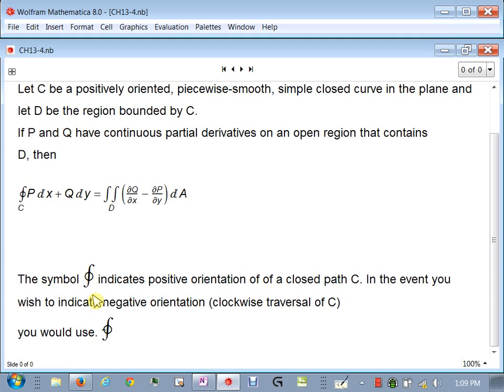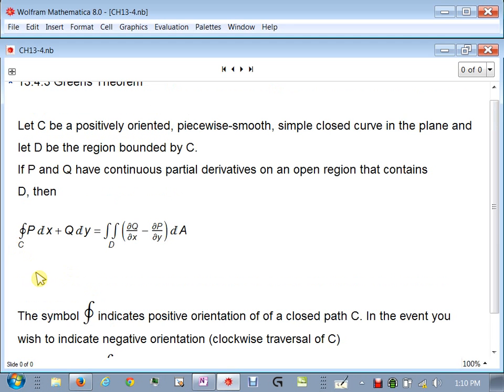That lets you know that the curve C is closed. If you have that little circle, it's assumed to be positive orientation. If you want to represent clockwise orientation, you put a little arrow on the circle, showing clockwise instead of counterclockwise. So this says that if you want to do the line integral around this closed curve C with positive orientation of P dx plus Q dy.